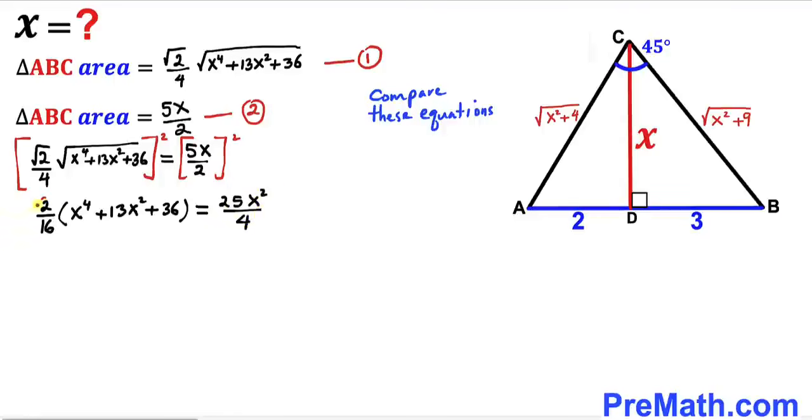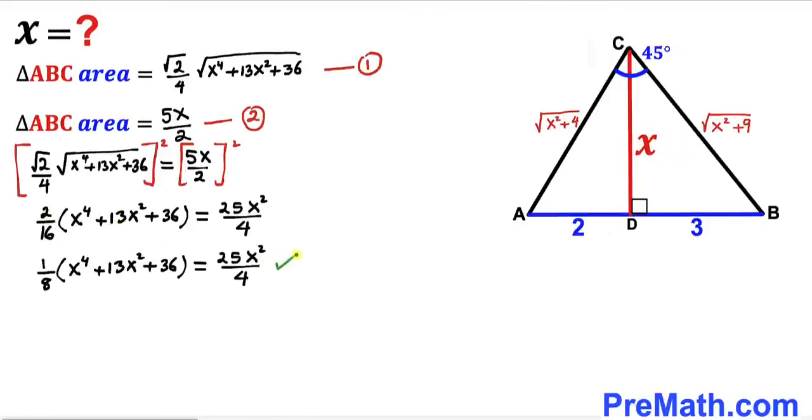And now we can see 2 divided by 16 is same as 1 divided by 8, as you can see in this next step. And now I'm going to multiply by 8 on both sides, on the left and on the right hand side as well. And here we can see 1/8 and 8 is gone.